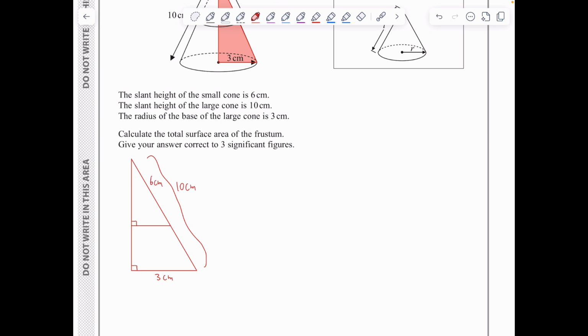I'll be calling the radius of the small cone x centimeters, and therefore we can see that if 6 becomes 10, then x becomes 3, which means that 6 over 10 is equal to x over 3.